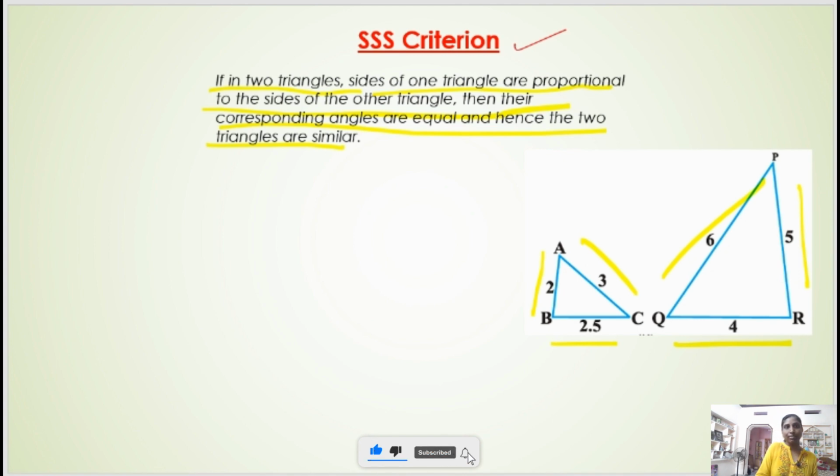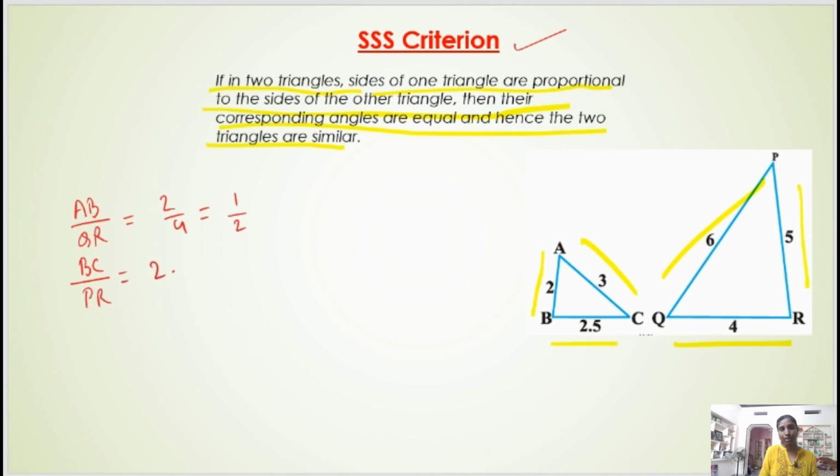Now let us see what is the ratio of their corresponding sides. AB by QR is equal to 2 by 4, which means 1 by 2. BC by PR is equal to 2.5 by 5, which is also 1 by 2.